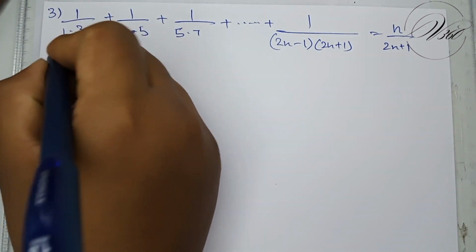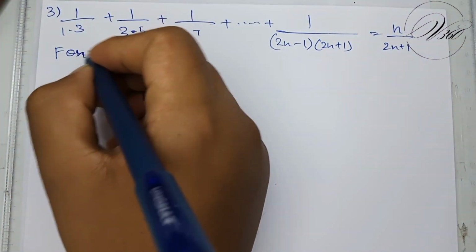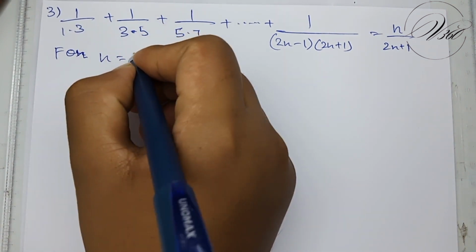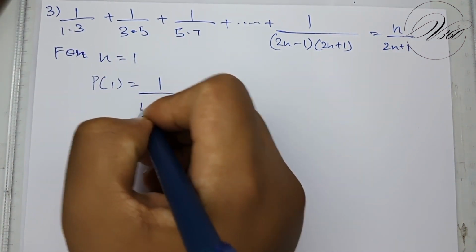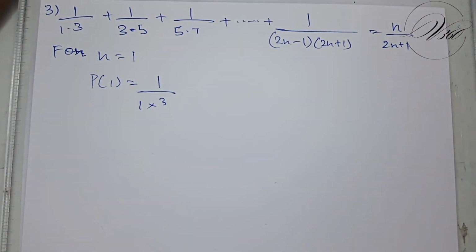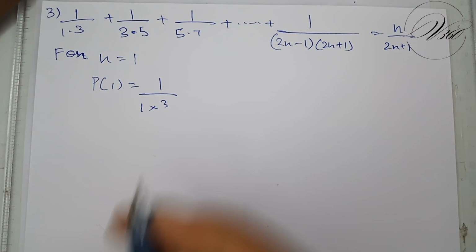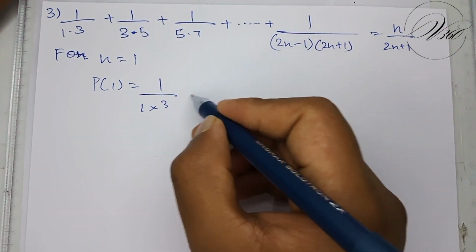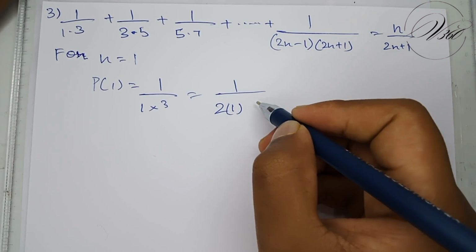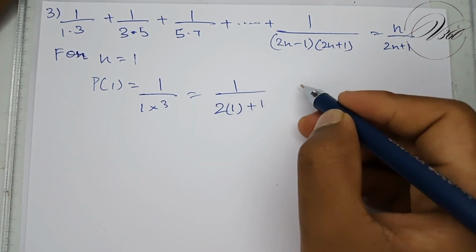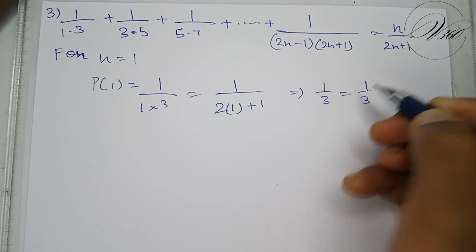Here we will take n equals 1. P(1) = 1/(1×3). Here the dot is multiplication. This equals 1/(2×1+1) = 1/3, again 1/3.